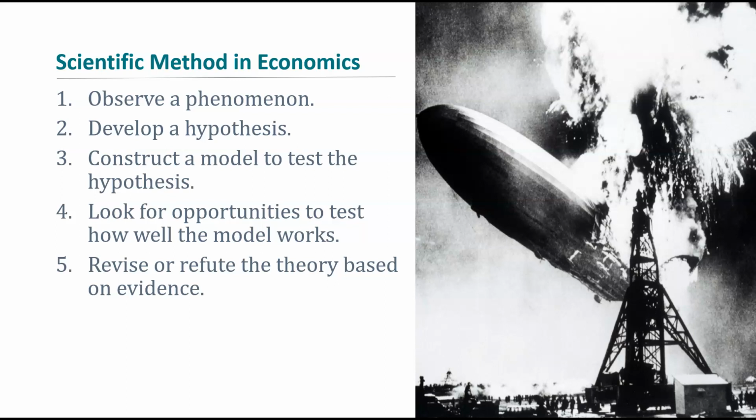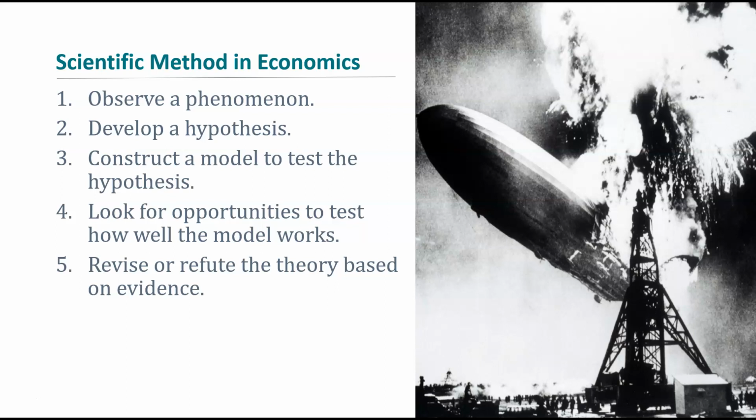So in the case of our economics experiment with the hybrid vehicles, we can gather data on car prices, and gather data on gasoline prices, and gather data on the hybrid sales, and any other variables that might be interesting to us. And we can use statistics to look and see, is it true? Is our hypothesis correct that when hybrid car prices go down, hybrid car sales go up?